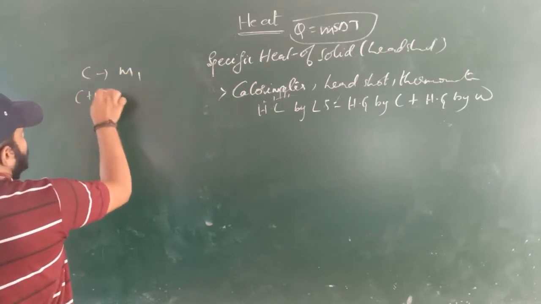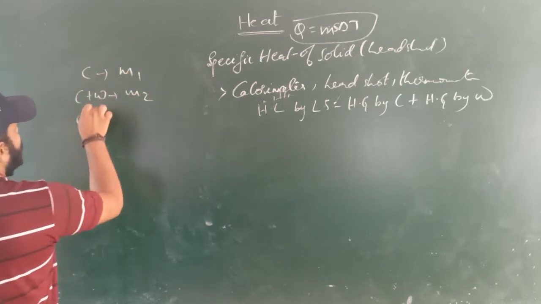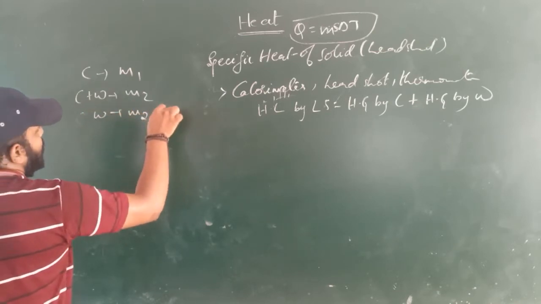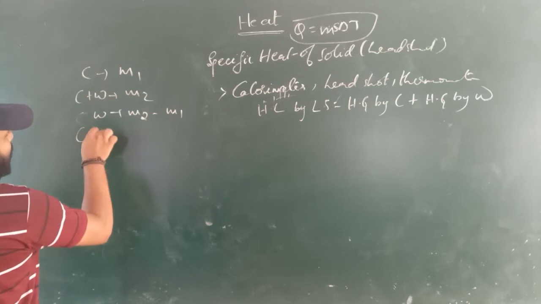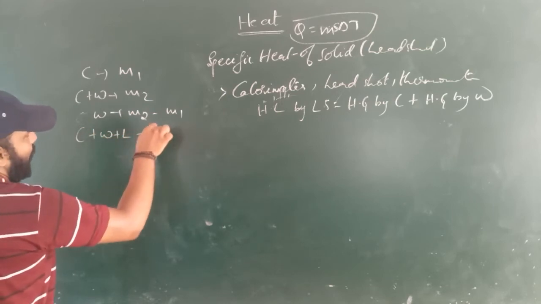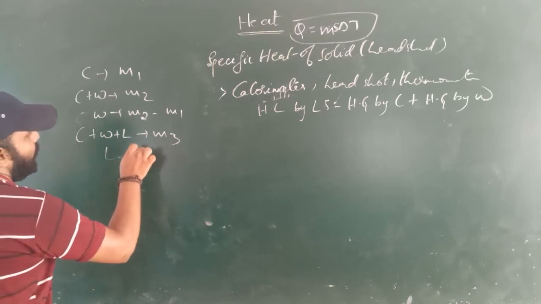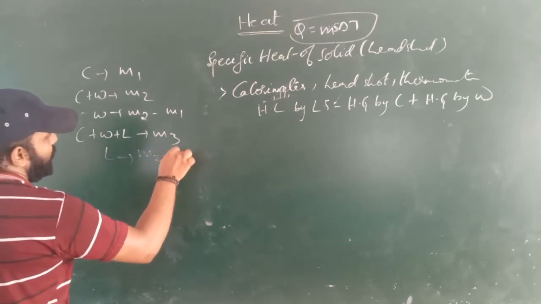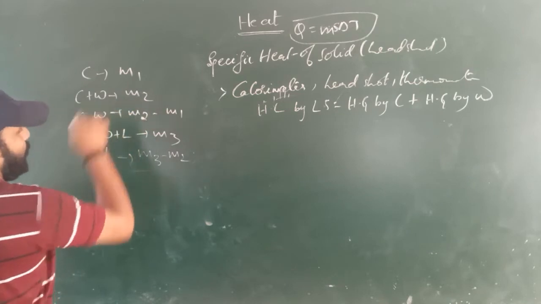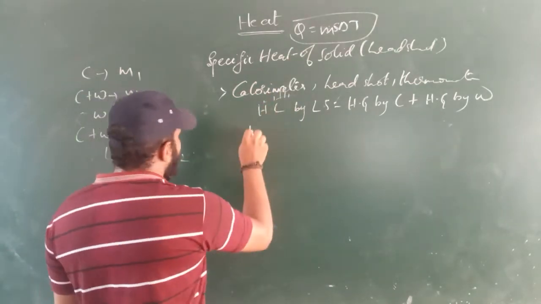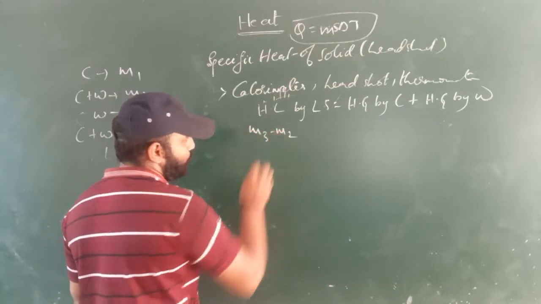Mass of calorimeter with water is m2. Mass of water is m2 minus m1. Mass of calorimeter with water plus lead shot is m3. Then mass of lead will be m3 minus m2. So the mass of the lead shot will be m3 minus m2.